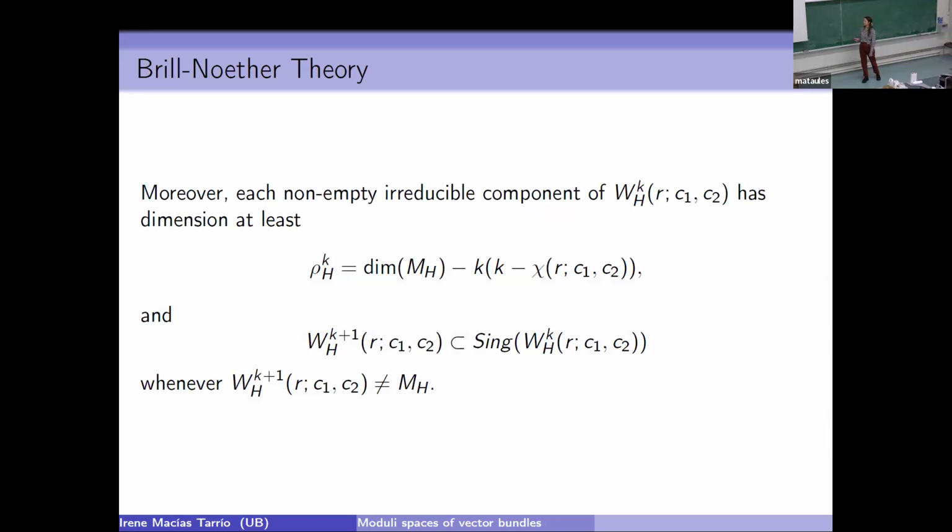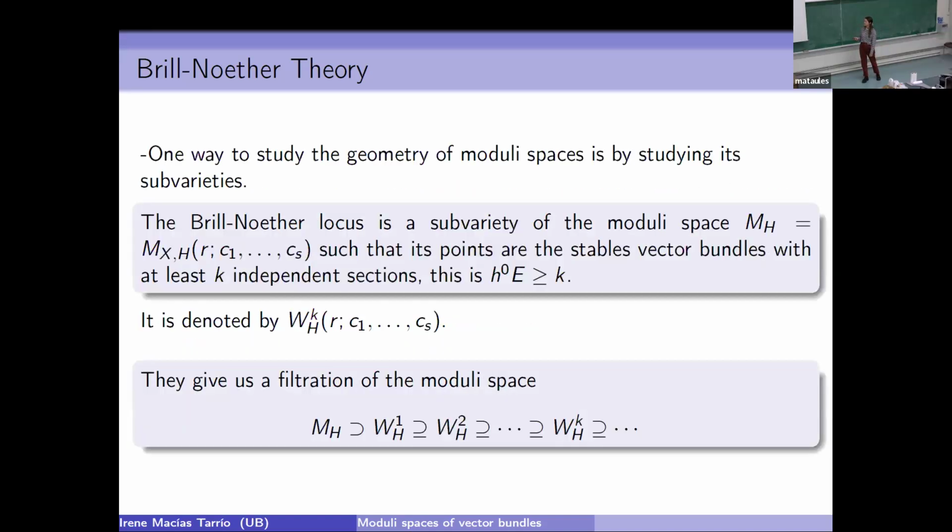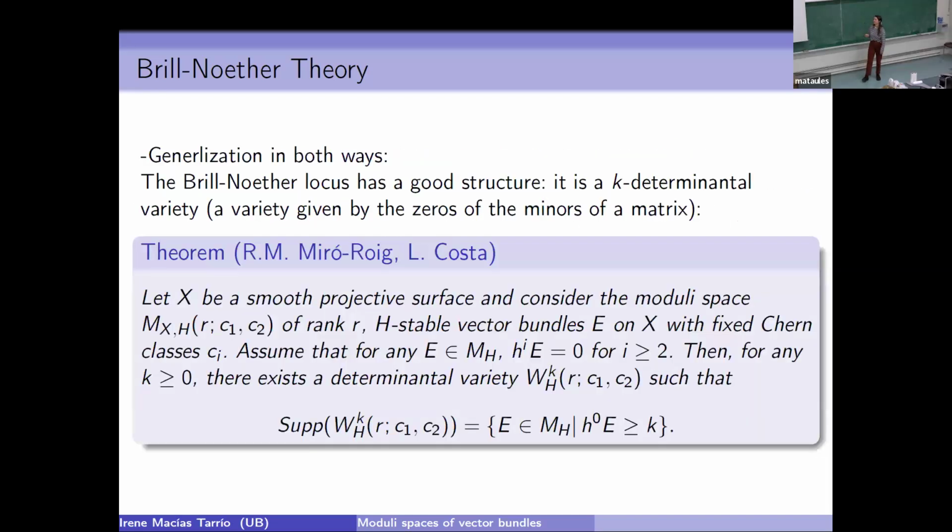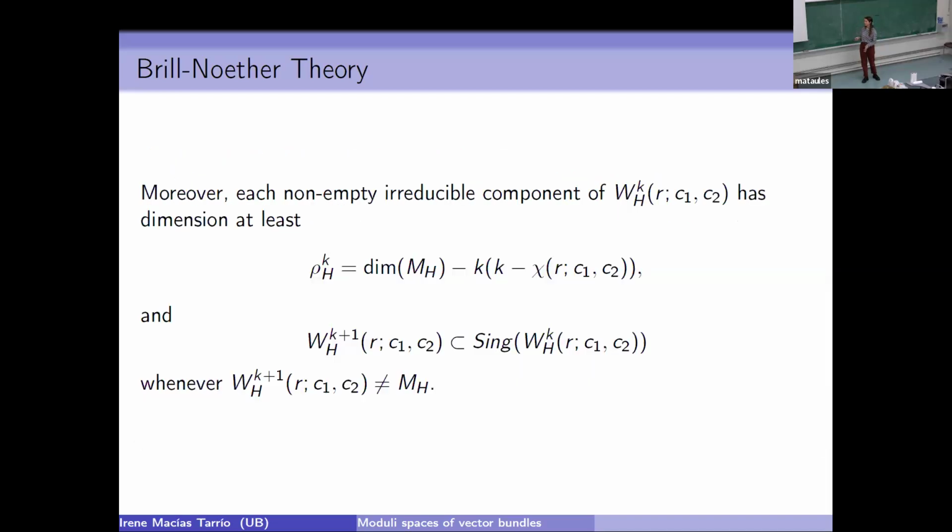They also prove that we have this inclusion, and this inclusion is what gives us the filtration that I mentioned before. So if we have this condition, we know that this Brill-Noether locus exists, and we can study the moduli space by studying this stratification. We also know the dimension of these subvarieties.